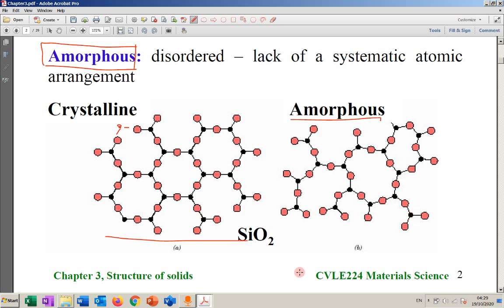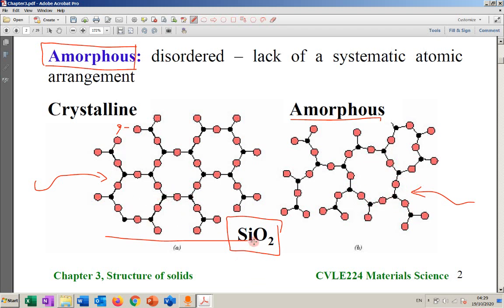By the way, this is SiO2. When we explained silicon dioxide, this is glass, this is quartz. It's the same chemical compound, SiO2, but this is arranged, this is disordered. This has different properties.